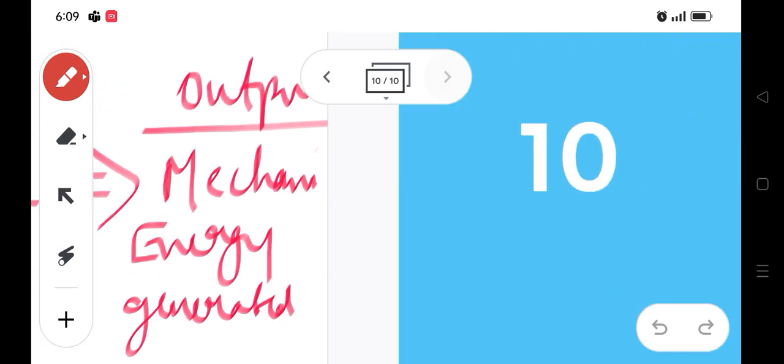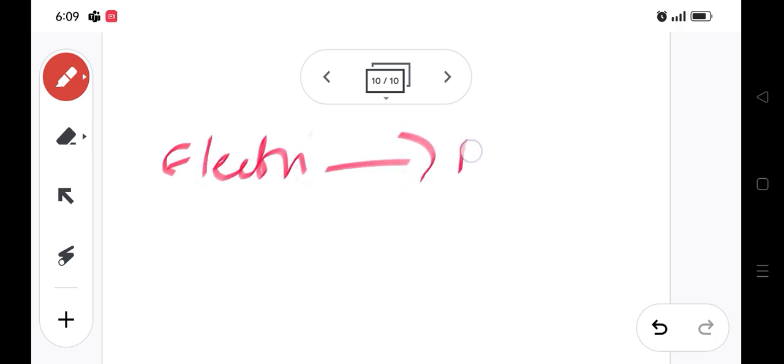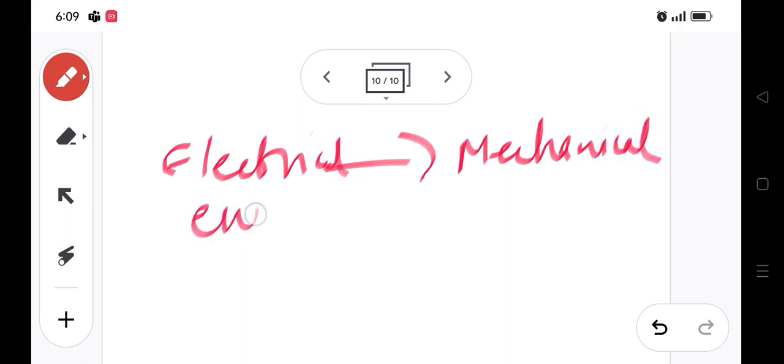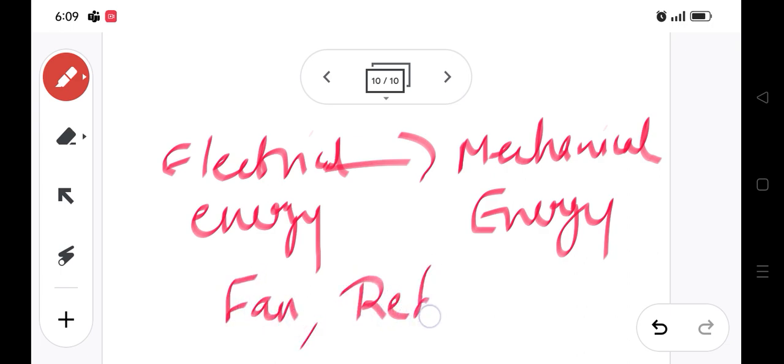So similar to electric motor, electrical energy to mechanical energy conversion, that we can observe in our electric fan, refrigerator, grinder, mixie. In every such instrument we can observe this.